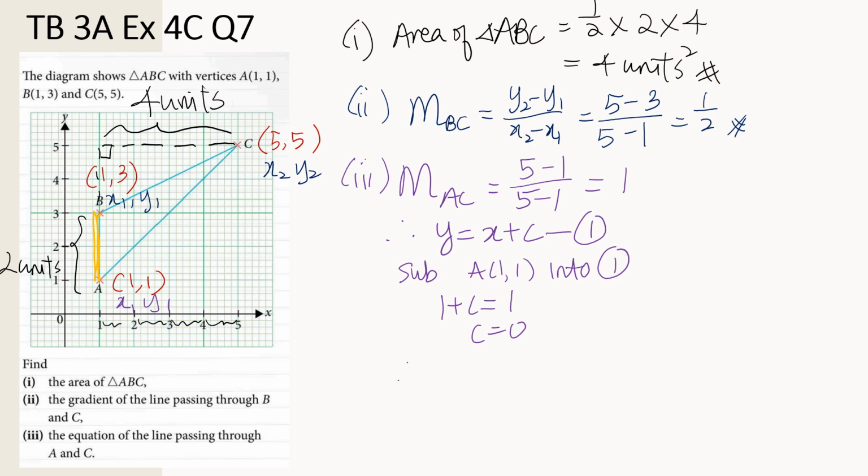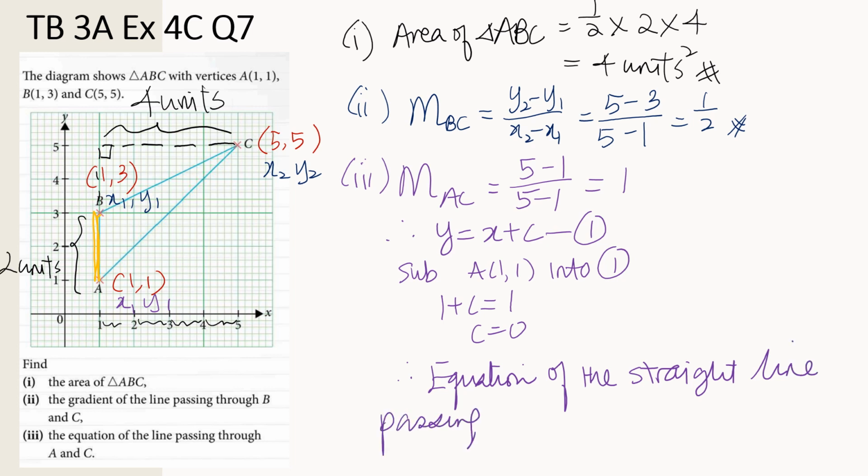So therefore, the equation of the straight line passing through A and C is y equals x plus 0.